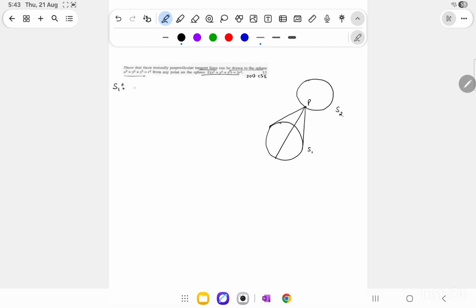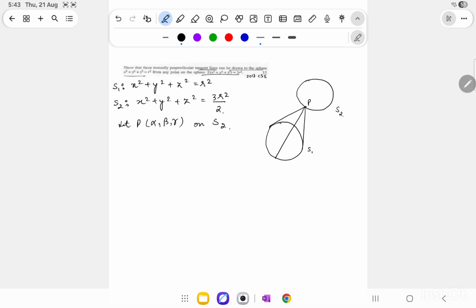So the equation of sphere S1 is x² + y² + z² = r², and the equation of sphere S2 is x² + y² + z² = 3r²/2. And let P be any point (alpha, beta, gamma) on sphere S2.